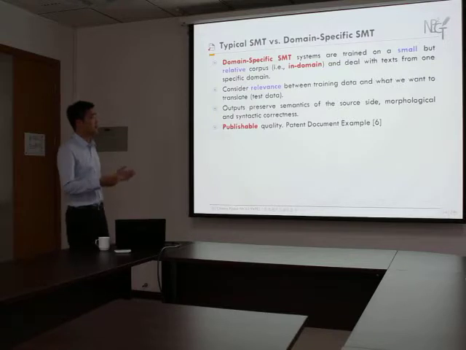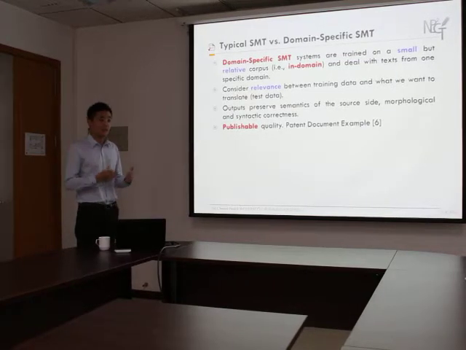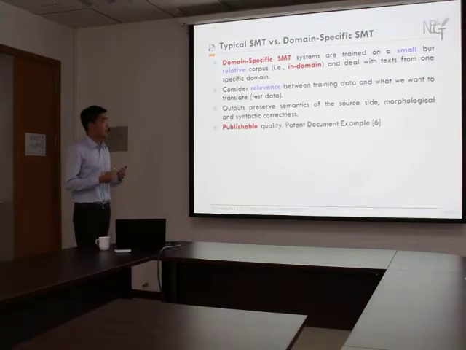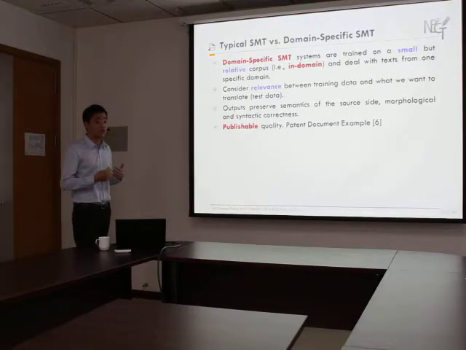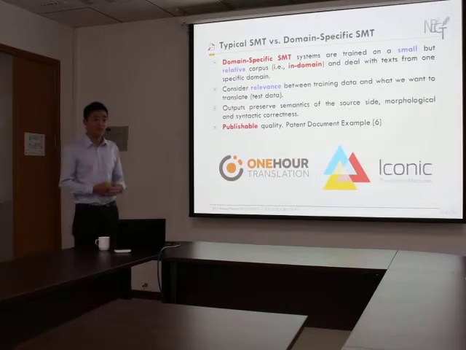It is trained on a small but relevant corpus, which we often call the in-domain corpus. It deals with text maybe from one specific domain. But we have to consider the training data and what you want to translate. Here are two real-life systems.